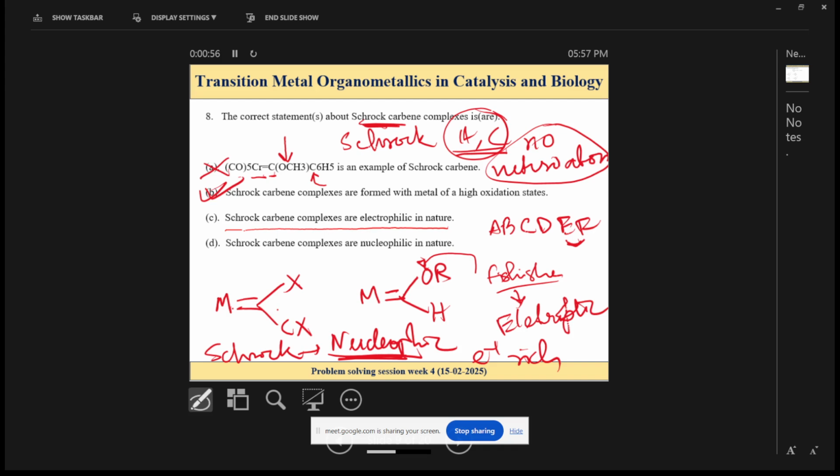No, we have said that Schrock carbene is nucleophilic in nature. So this is also a wrong answer. And the last option is Schrock carbene complexes are nucleophilic in nature. Yes, Schrock carbenes are nucleophilic in nature. So option D will be the correct answer.